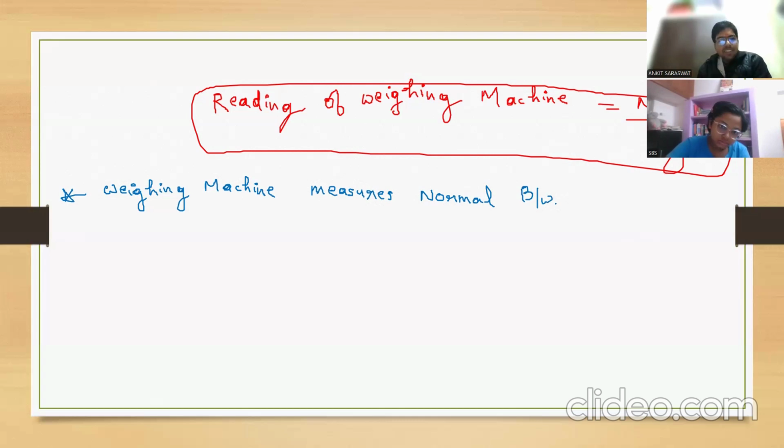Okay. So weighing machine measures normal between machine and a body kept over it. Clear? Any doubt? Tell me.